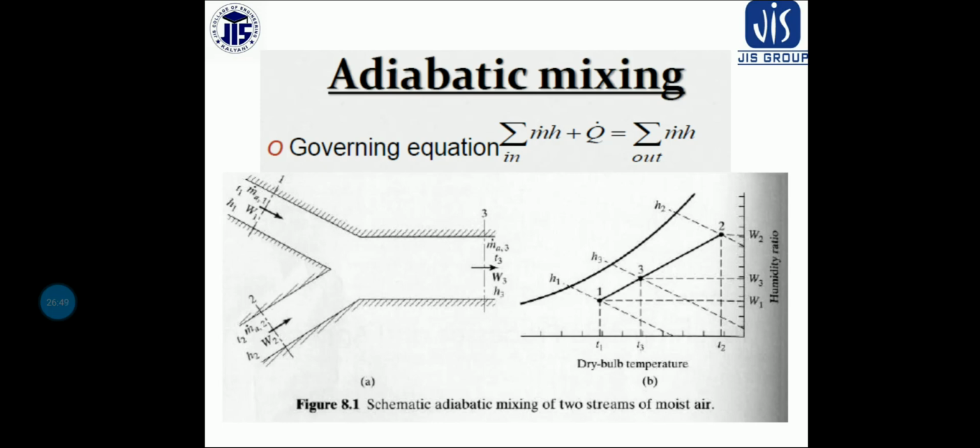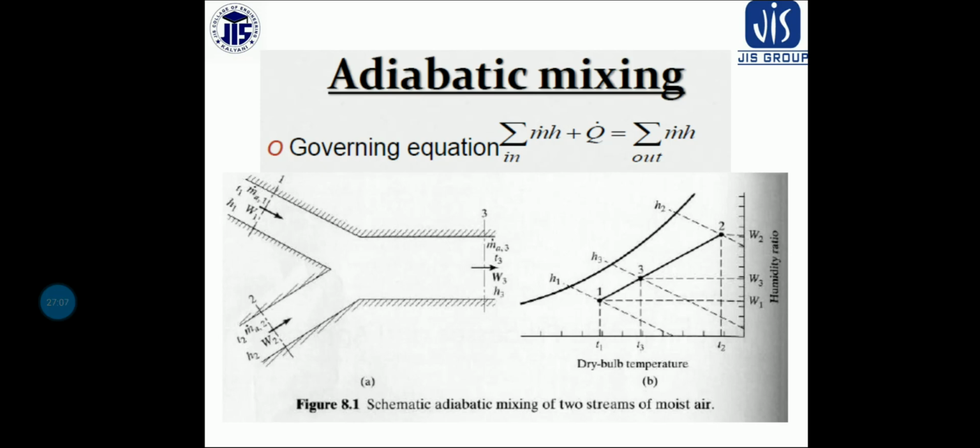Okay, so this is all about adiabatic mixing. On the psychrometric chart, the specific humidity and enthalpy scales are linear, ignoring enthalpy deviation.